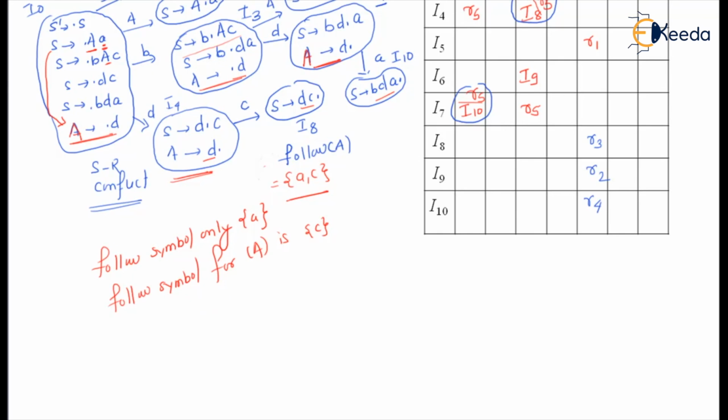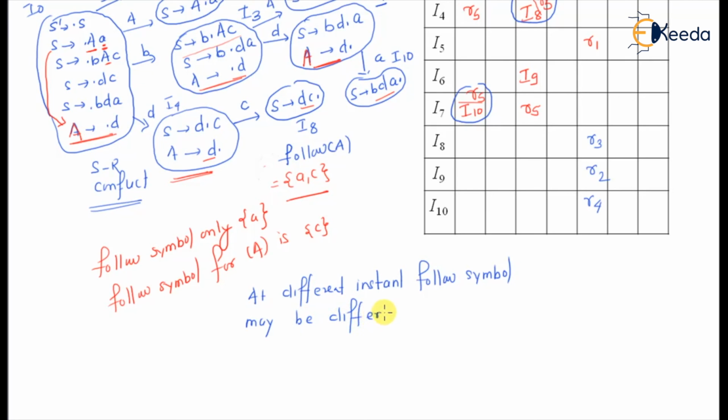So the idea behind CLR is that at different instants the follow symbol may be different.